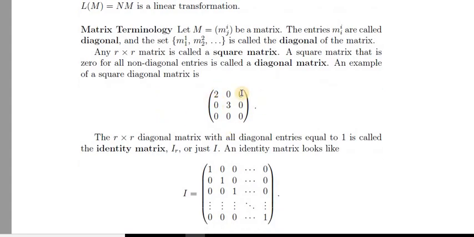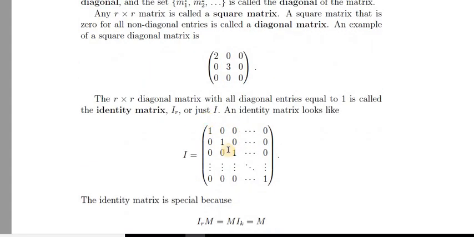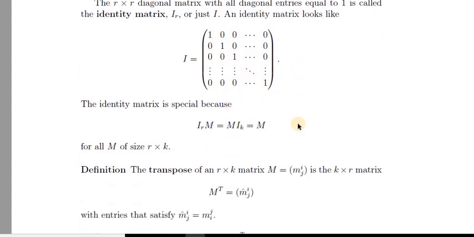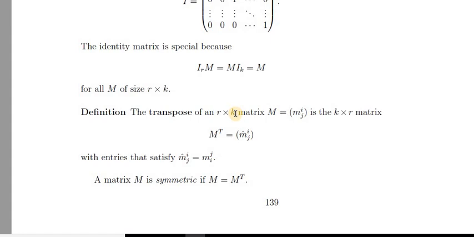Okay. We know what a square matrix is. We know a diagonal matrix is a matrix that has zeros except on the diagonal entries. We know what the identity matrix is. It has all ones on the diagonal. The identity matrix times any matrix is that matrix. We know what the transpose of a matrix is.